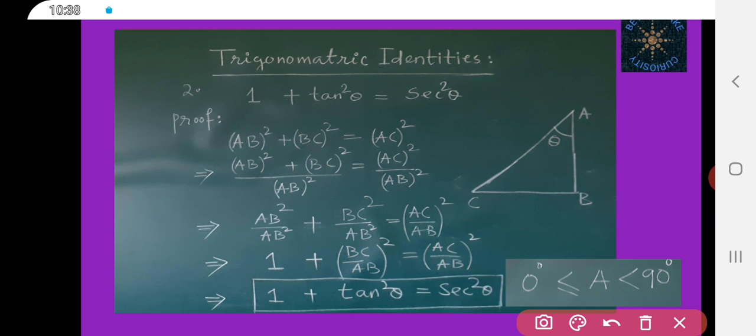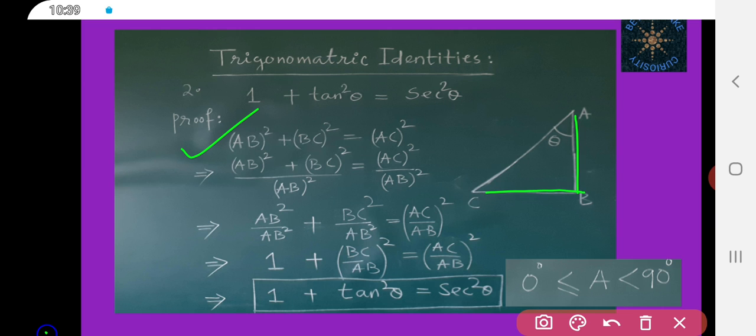Here you can use Pythagoras theorem. See, you know AB square plus BC square is equal to AC square.